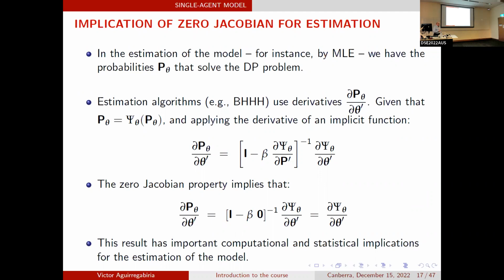Instead, if we know that at a fixed point we have the zero Jacobian property, we know that this is zero. Therefore, this derivative at a fixed point is just the McFadden type of derivative, as simple as that, okay? This is going to facilitate very much the computational implementation of the estimation.